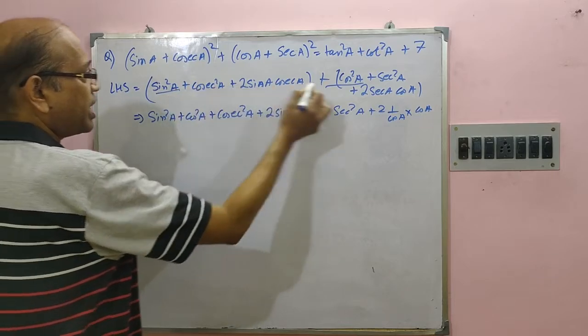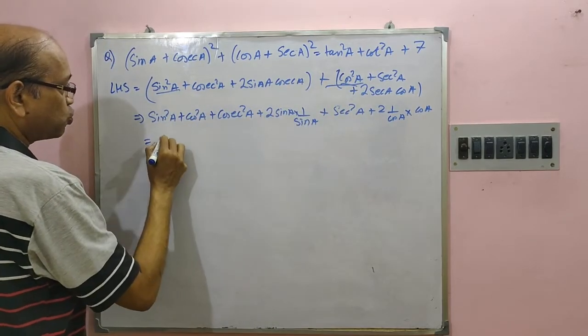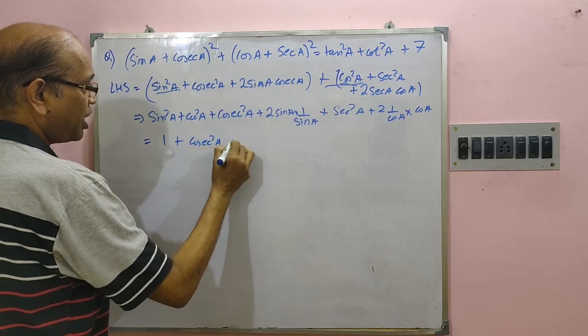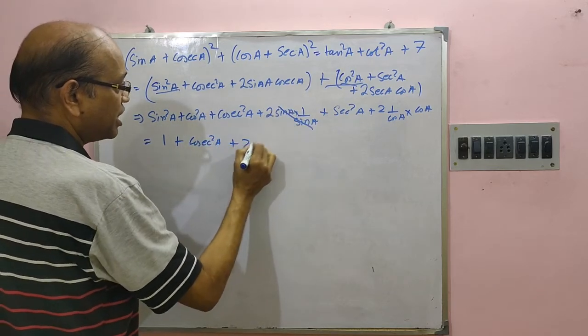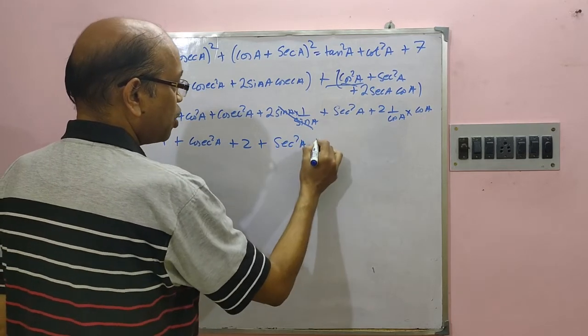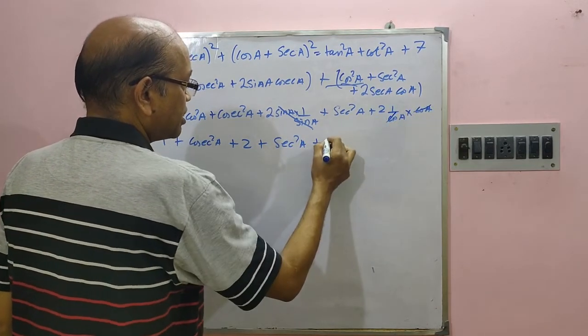So sine square a and cos square a become 1 plus cosecant square a plus this gets cancelled. Here it is 2 plus secant square a plus this cos a comes here 2.